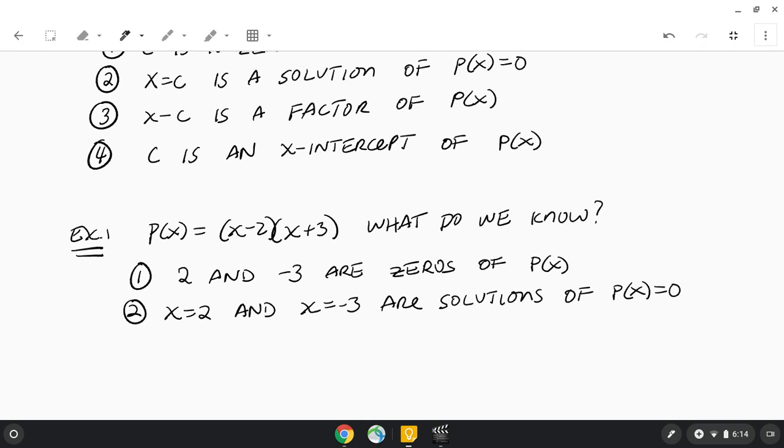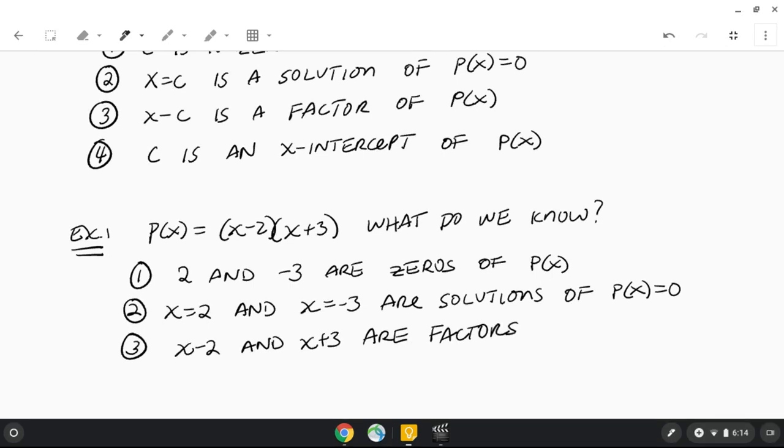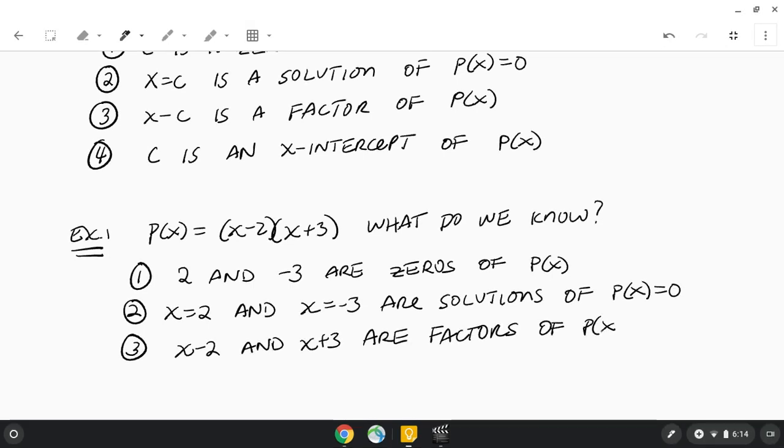All right, number 3, x minus c is a factor. Okay, and it's already in factored form. So we can already see that x minus 2 and x plus 3 are factors of p of x.